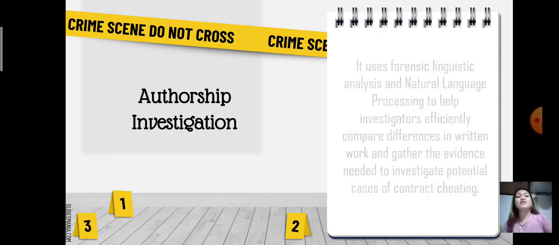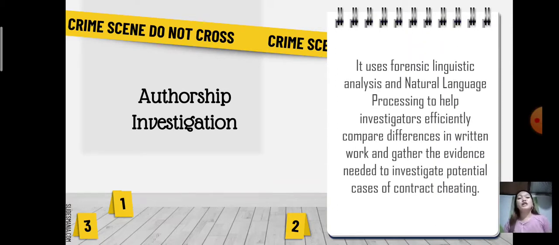When we say authorship investigation, forensic linguistics or forensic analysis is mostly used in authorship investigation to know who writes what. It compares the differences in the written work and gathers the evidence needed to investigate potential cases of contract cheating, mainly on contracts and wills.